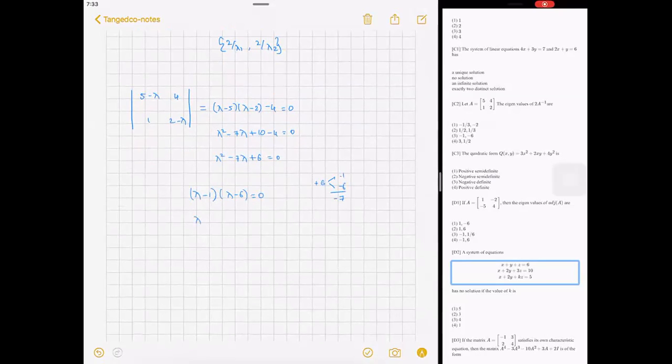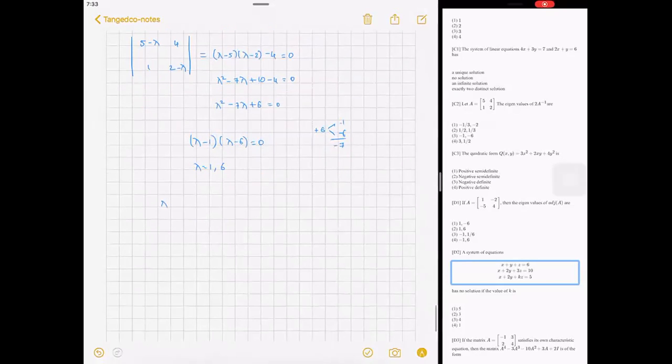So lambda equal to 1 and 6 are the eigenvalues of matrix A. Then the eigenvalues of A inverse will be 1 by 1 and 1 by 6. So 2 into A inverse gives 2 and 2 by 6, that is, 2 and 1 by 3.